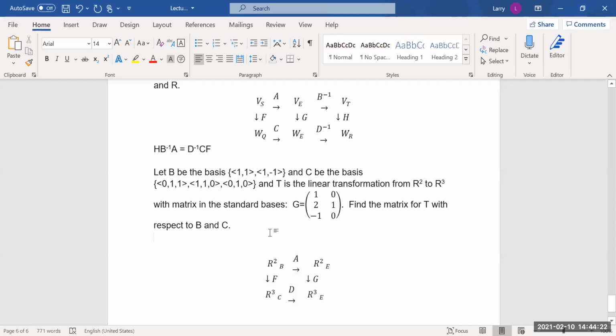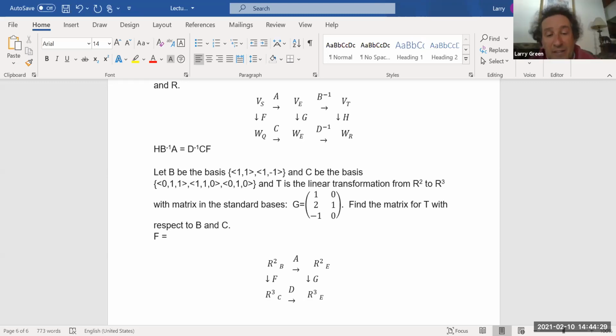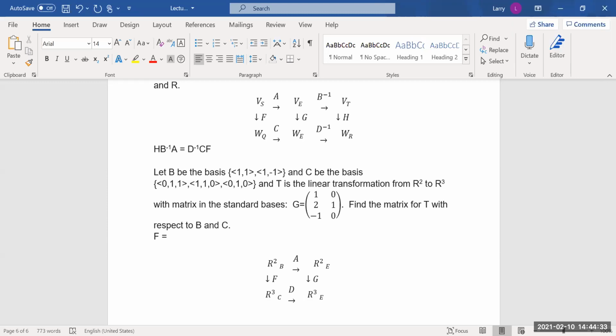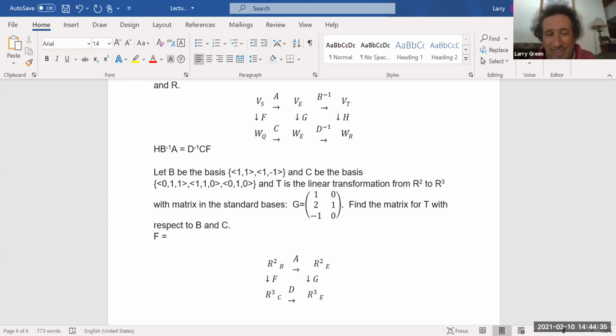If the standard basis was different, we could go straight down? Well, straight down is what we want to do, but we don't know what that matrix is. If you were told that matrix, then you would do that, but that was the question. What is that matrix?